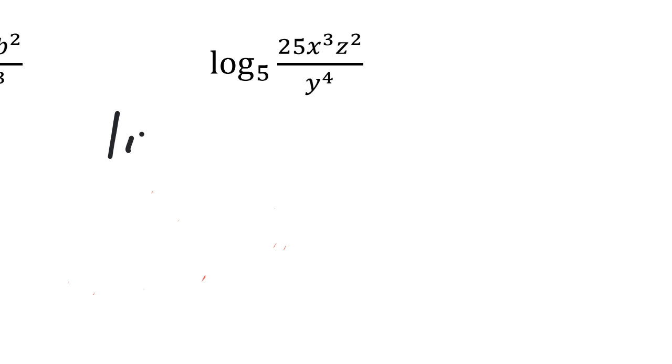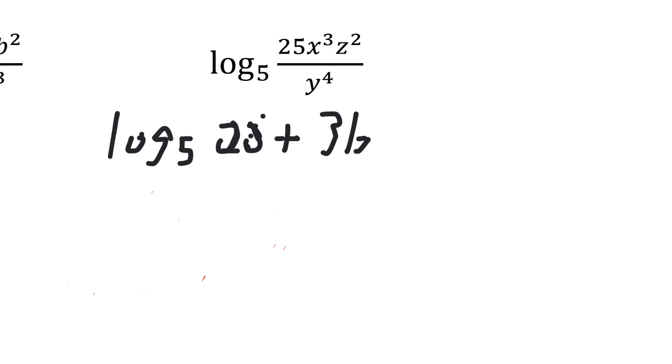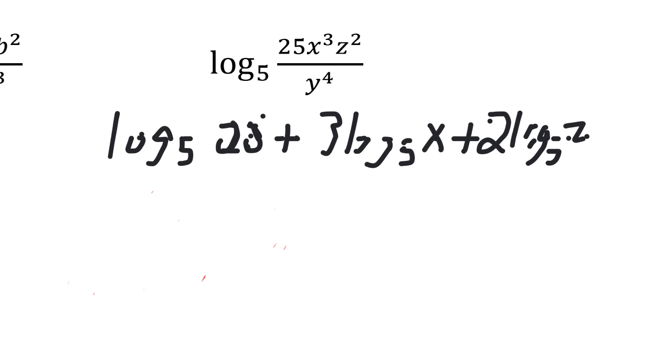So we have a log base 5 of 25 plus a 3 log base 5 of x plus a 2 log base 5 of z minus a 4 log base 5 of y.